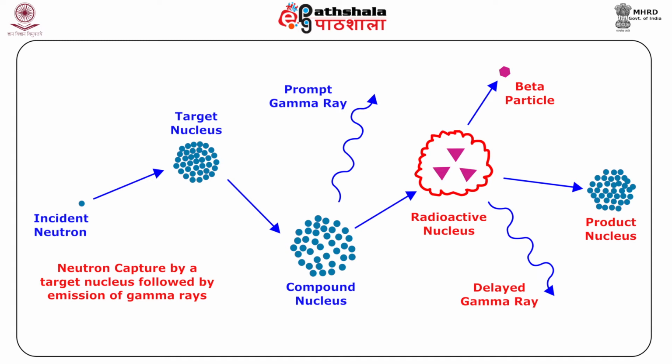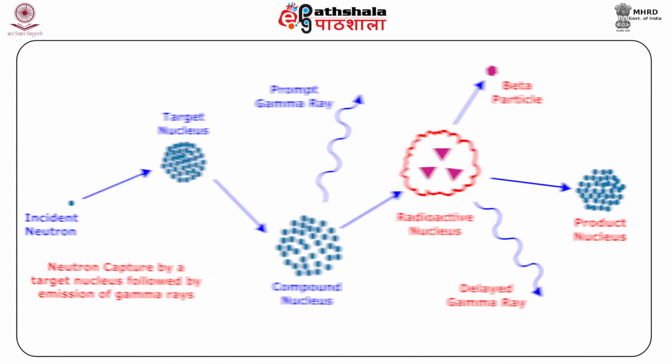The result is that artificial radioisotopes of the elements are formed. After being irradiated, the radioisotopes decay, emitting particles, especially gamma rays, which are typical of the element.